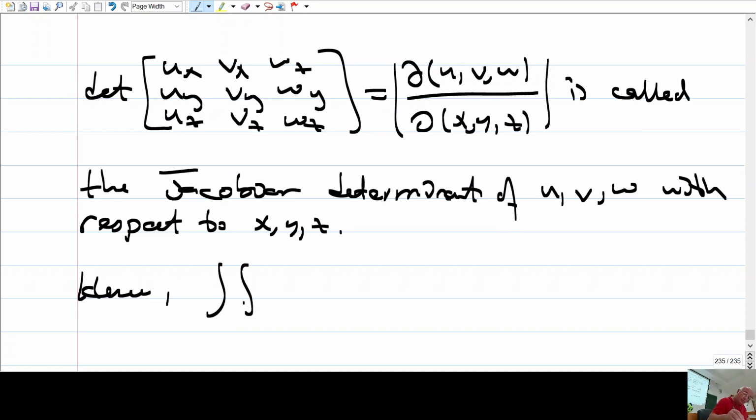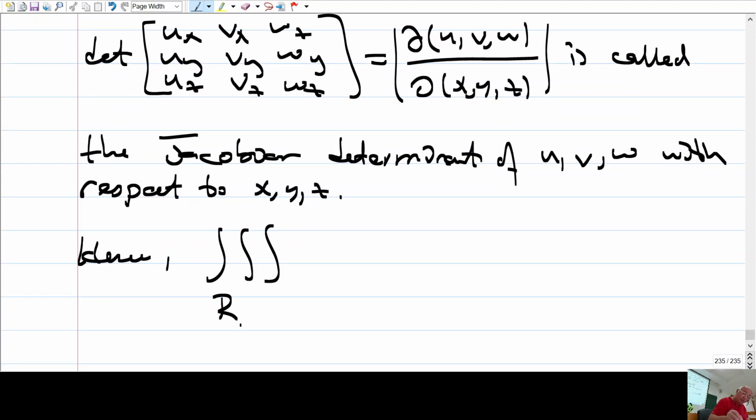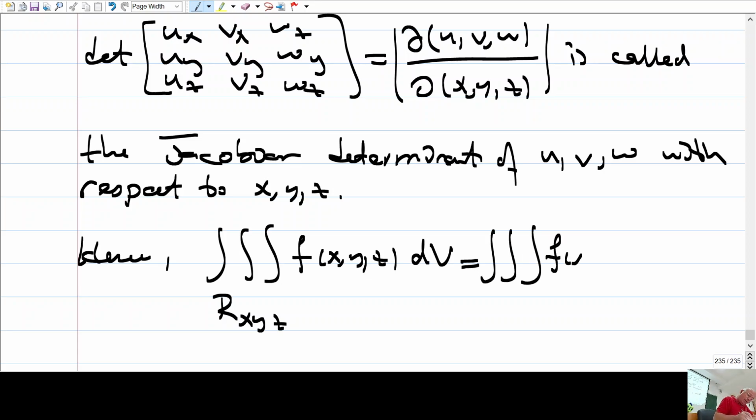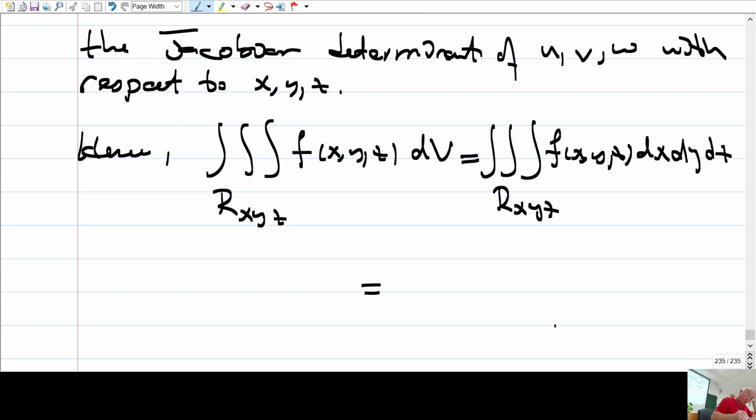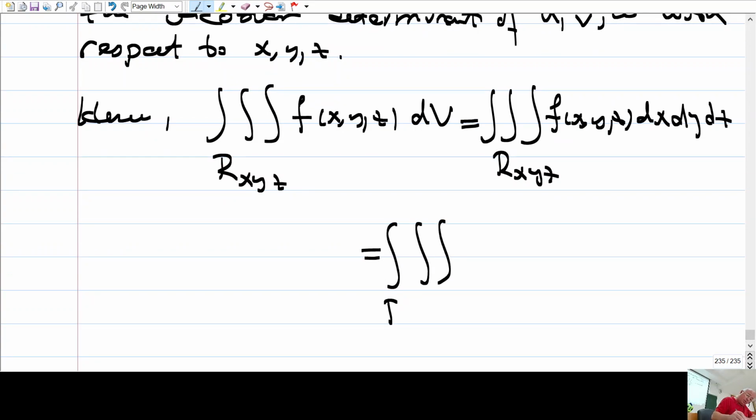Hence if we have an integral of some function f of x, y, z dv, or f of x, y, z dx dy dz, over a region in x, y, z space, you write this in the u, v, w coordinate system, and you replace your x, y, z with g of u, v, w, and then here you have your Jacobian.